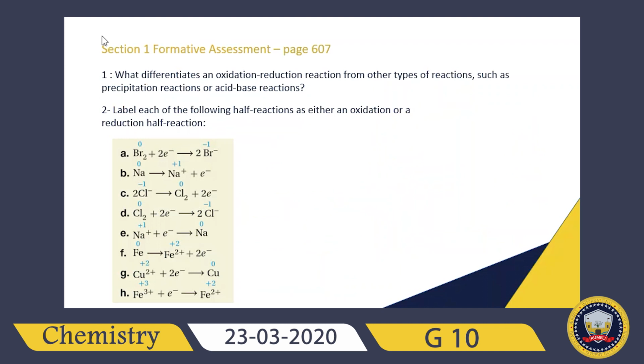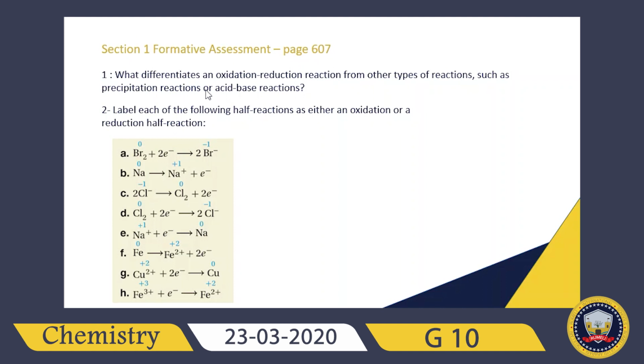So let us start with the formative assessment, page 607. Question number 1 says, what differentiates an oxidation reduction reaction from other types of reactions, such as precipitation reactions or acid-base reactions?